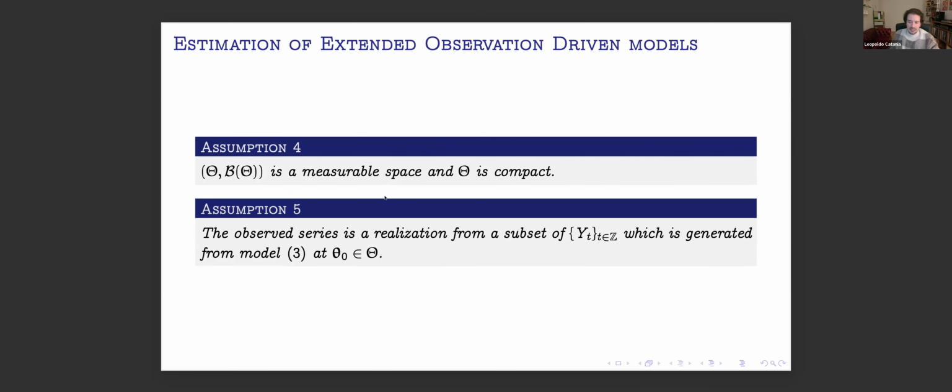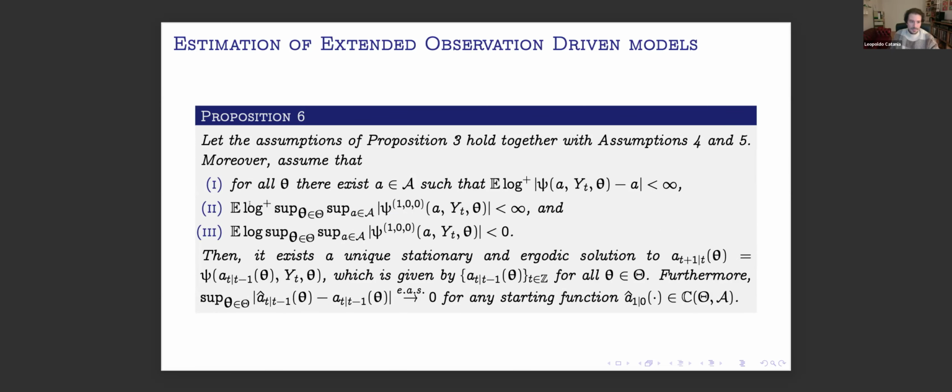And then we have some other regularity conditions. And then we have an invertibility result. So provided that these other conditions hold, which involves logarithmic moments of derivatives of the filter, then we have this exponentially fast, almost sure convergence to 0 of the difference between the initialized sequence and the stationary ergodic sequence uniformly over the parameter space.